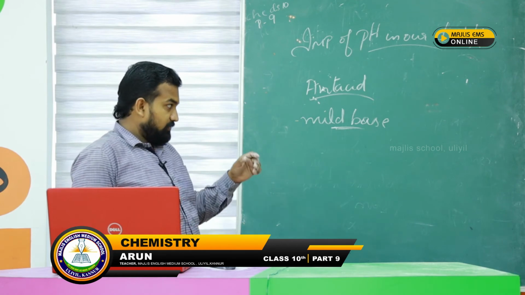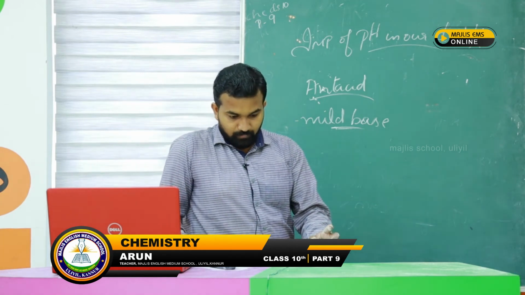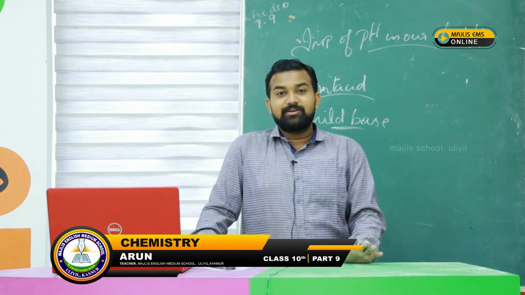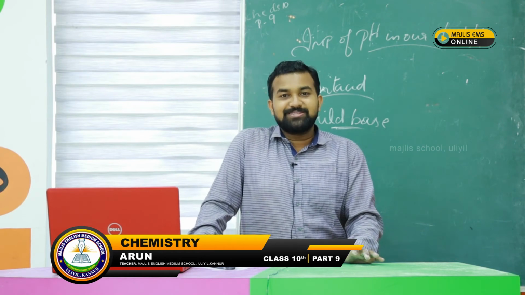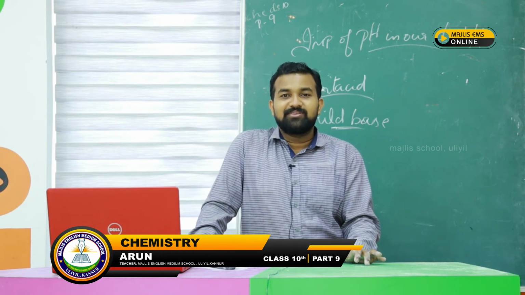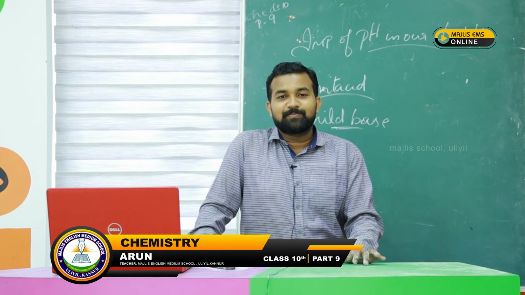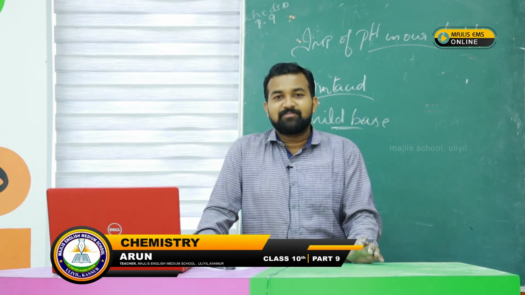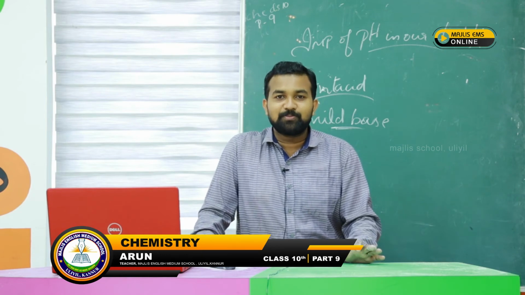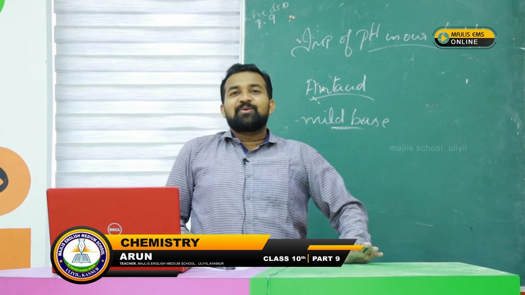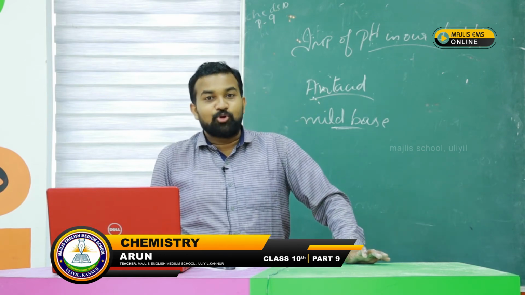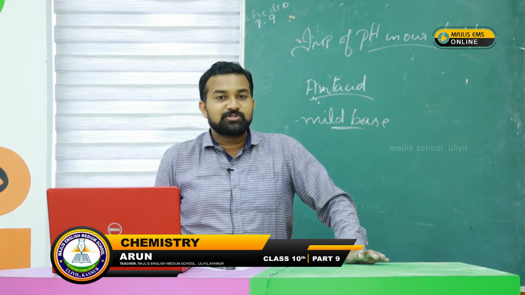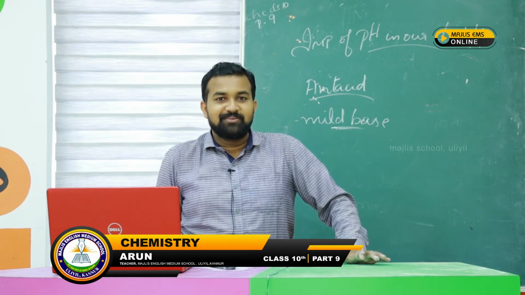Okay. Then one more thing, there is an important application for this pH in our day-to-day life, that is in our mouth. How many times do you brush a day? At least once you will brush, right? So when you are brushing, what are we using?